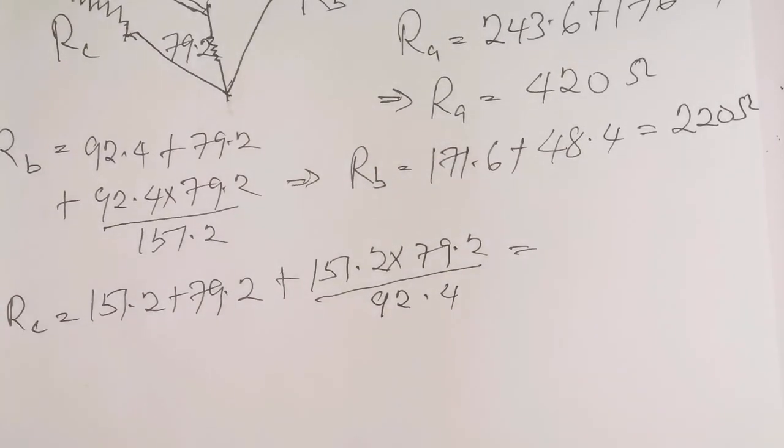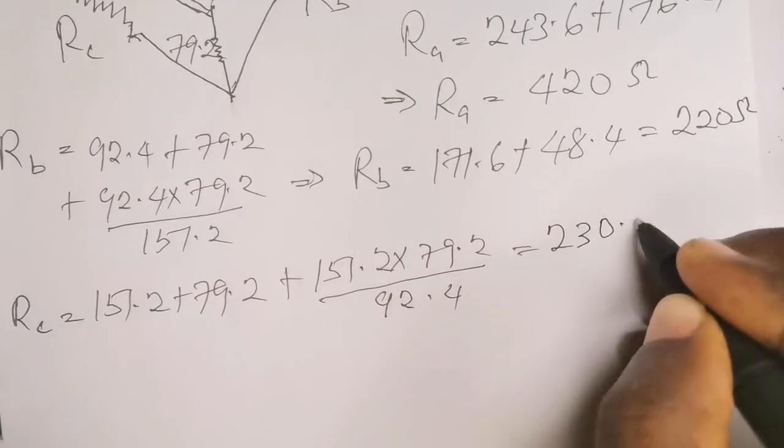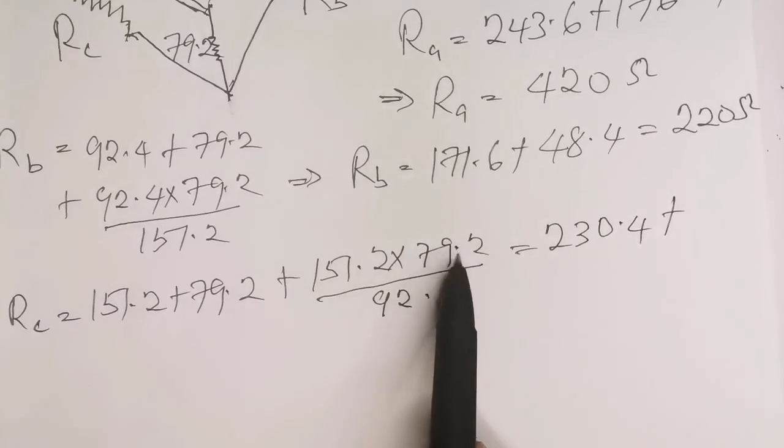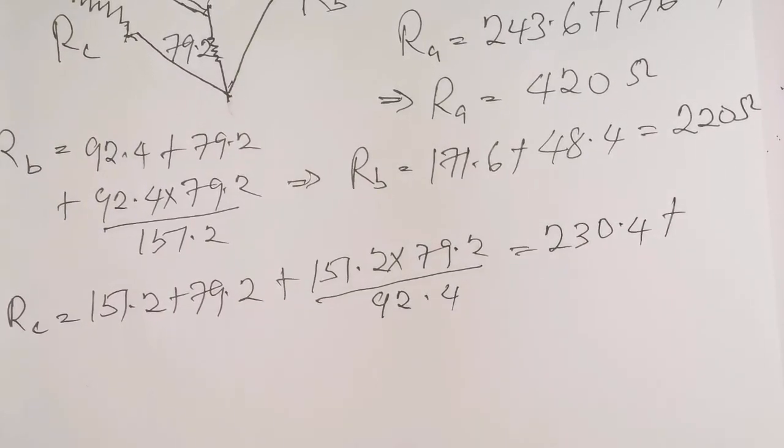This is equal to, let's find 151.2 plus 79.2. That simply gives us 230.4. So we have 230.4 plus, now let's find this product, divided by 92.4. 151.2 multiplies 79.2 divided by 92.4.